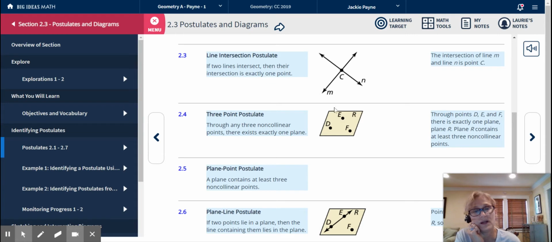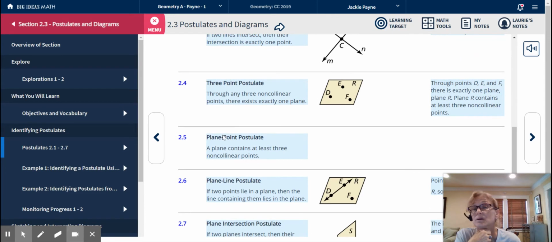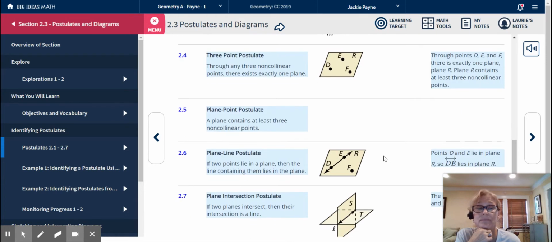So you could draw a line through E and F, you could draw a line through D and E, but you can't draw one line through all 3 points. Plane point postulate, a plane contains at least 3 non-collinear points.